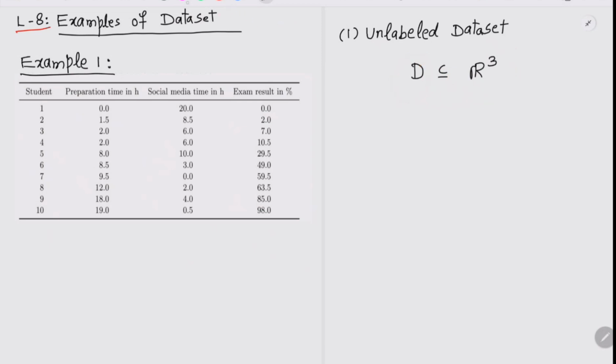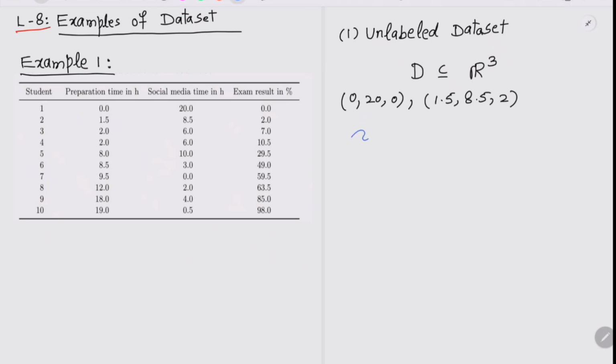In this sense, the data set will be written, as I mentioned earlier, as 0, 20, 0, then 1.5, 8.5, and 2. Now the next thing is how this data set can be written as a labeled data set.